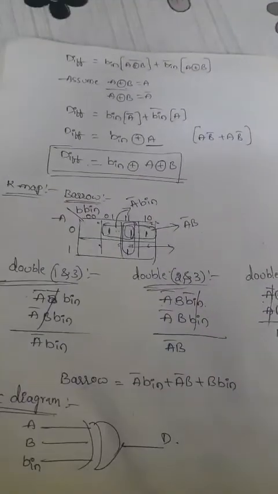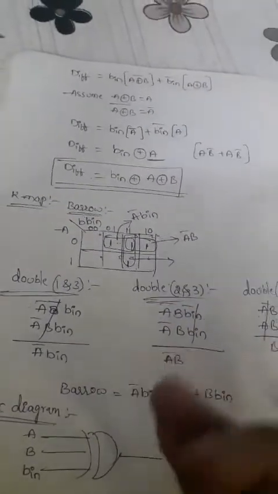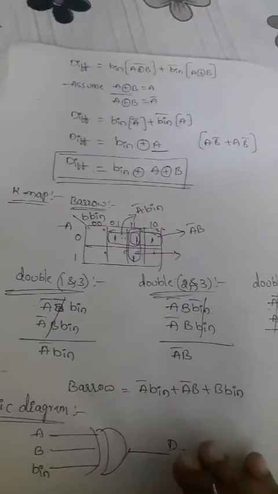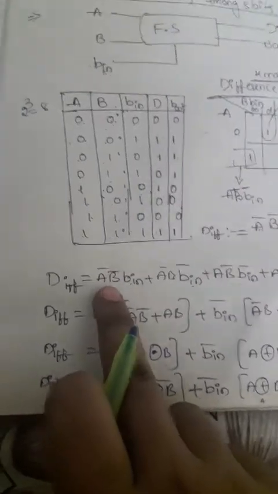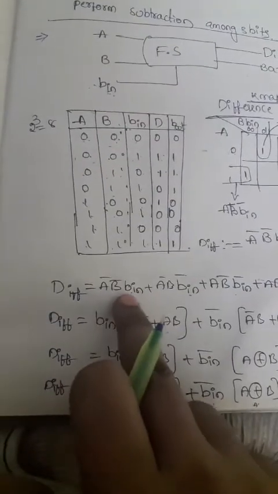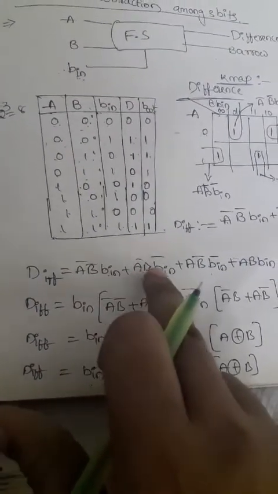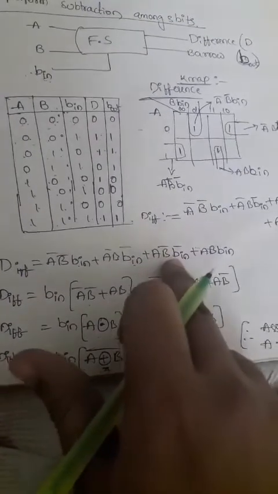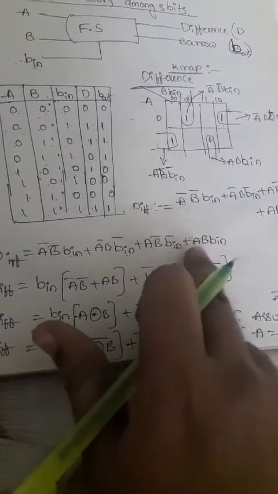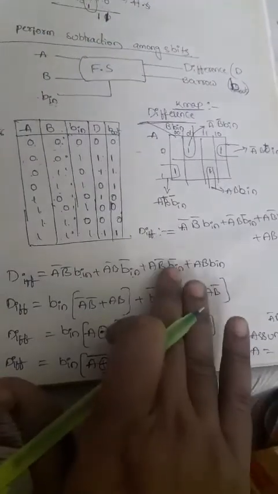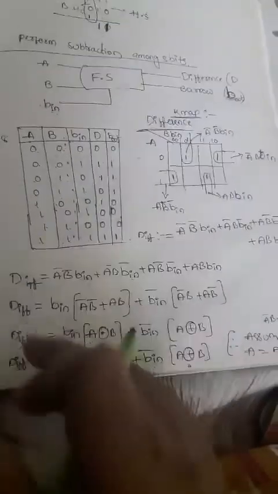Okay, thank you. Or otherwise you can draw the logic diagram for difference like this also. This expression is actually difference: A complement B complement B in, plus A complement B in complement, plus A B complement B in complement, plus A B B in. You can take this expression also, no problem, or otherwise you can reduce the equation like this, no problem.